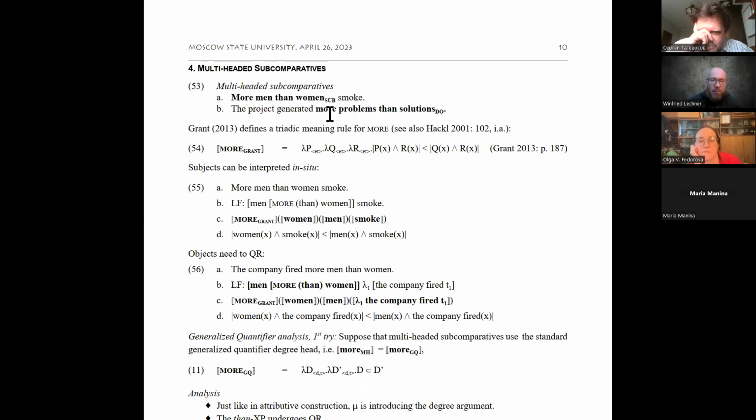So for 55, "more men than women smoke," the LF is more or less the surface structure. Then "more" applies to women, to men, to smokers. And it demands that the number of women who smoke is superseded by the number of men who smoke.